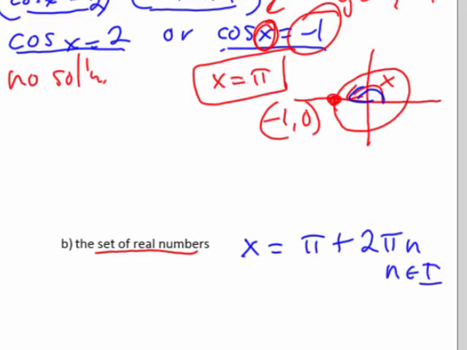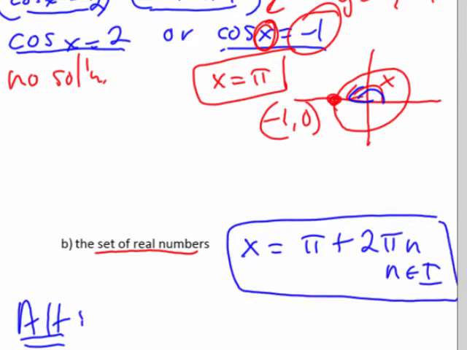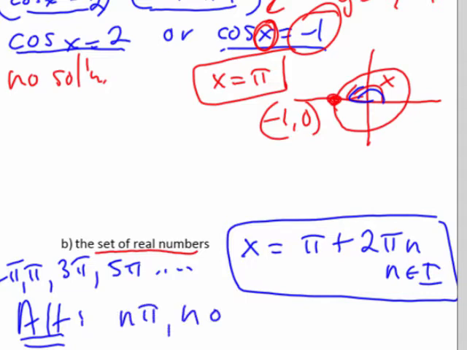Or another way to say it, there's often more than one way to state a general solution. If I thought of this as being pi, add 2 pi is 3 pi, add 2 pi is 5 pi, and backwards would be minus pi, etc. What I could say is that the general solution is n pi, where n is odd.